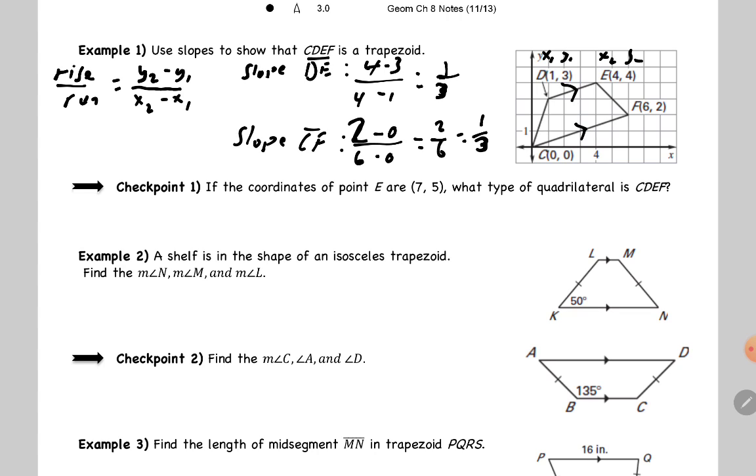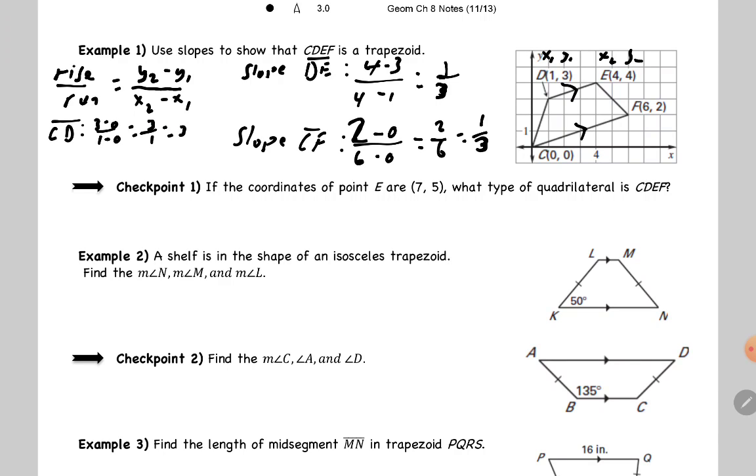But to prove it's a trapezoid, the other 2 legs are not allowed to be parallel. So you would find the slope of CD, which would be 3 minus 0 over 1 minus 0, which is 3 over 1.